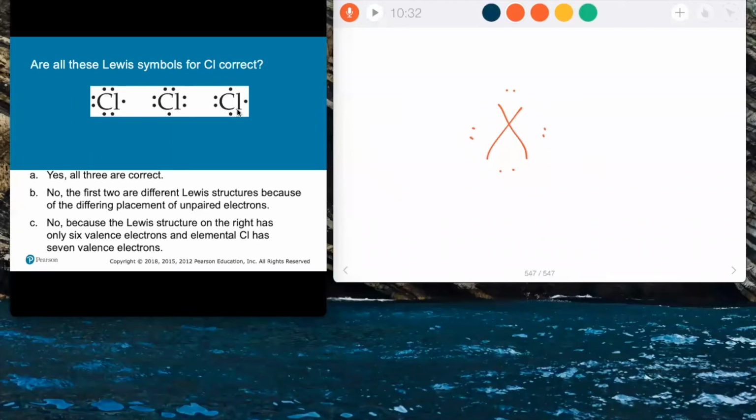Yes, I was just saying, because you said that B was the correct answer here, but if you look at this, the Lewis structure on the right has 6 valence electrons: 1, 2, 3, 4, 5. Does it have 6? No. So my confusion is, since the first two are correct symbols for that, then why would B be the correct answer there?